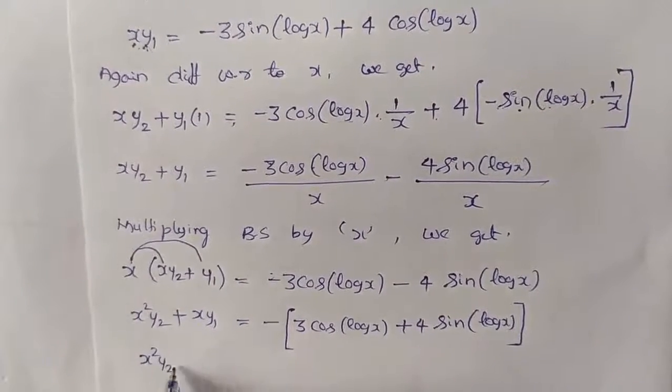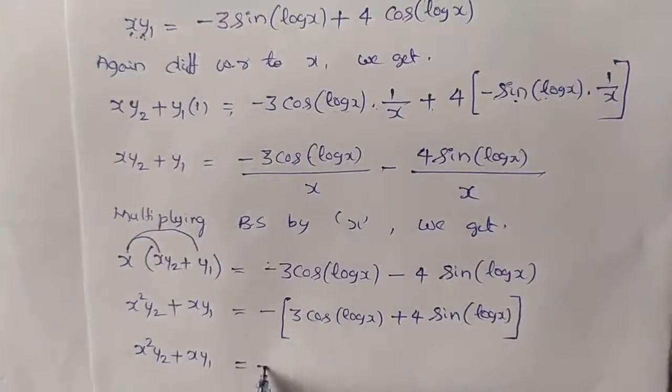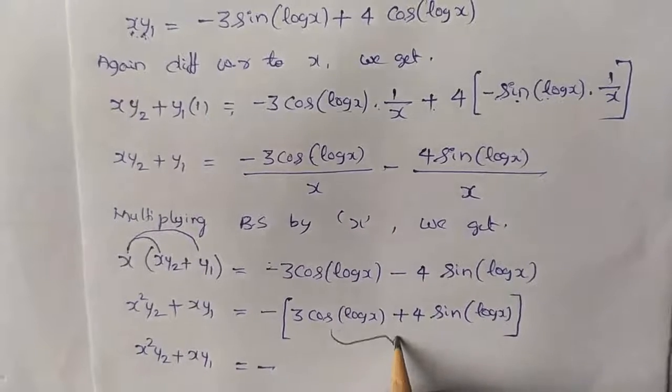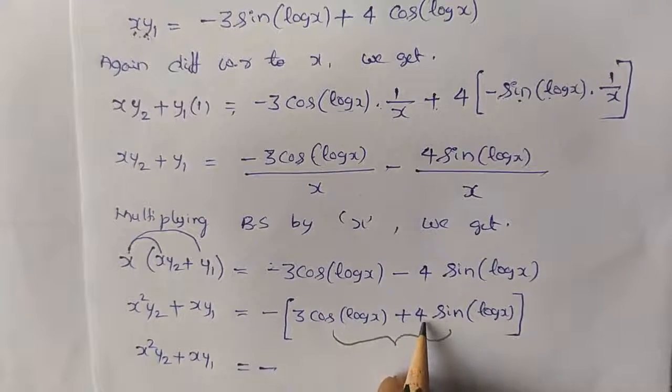Next step, x square y2 plus x y1 equals minus of, see the starting of this question, y equals 3 cos of log x plus 4 sin of log x.